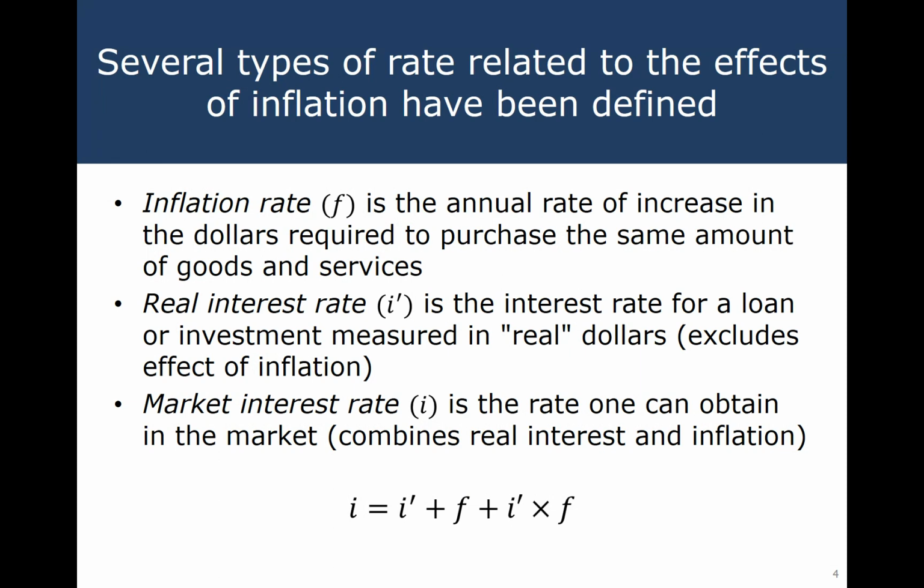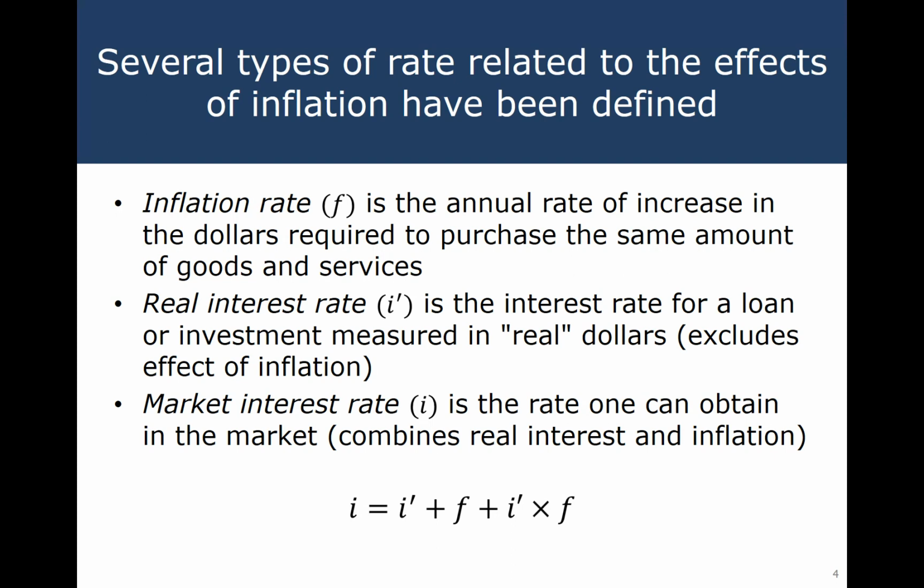Several types of rates related to the effects of inflation have been defined. The first one, the inflation rate F, is the annual rate of increase in the dollars required to purchase the same amount of goods and services.